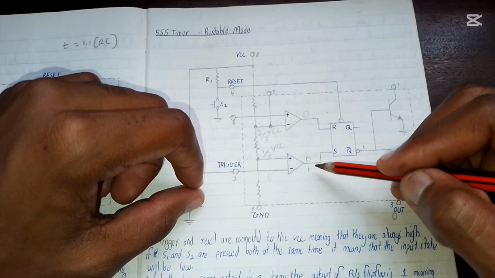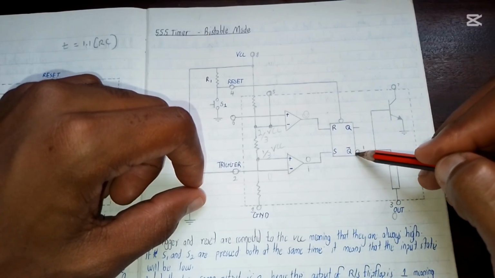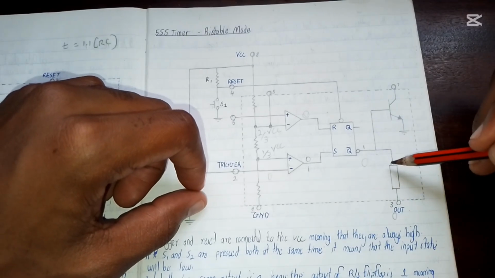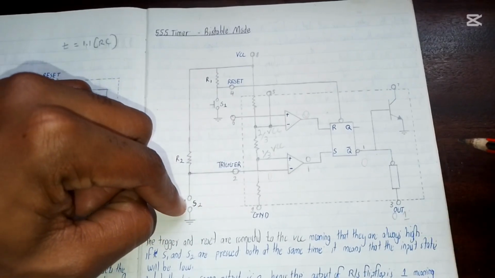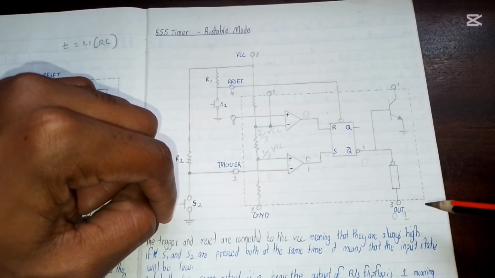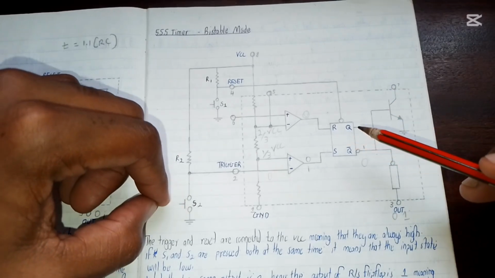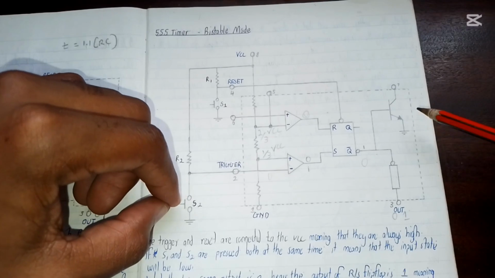That 1 is going to enter the S input of the flip-flop, and the output Q bar will be 0. That 0 is going to come into this inverter and be inverted to become 1. So once I press this switch, the output turns on. Once I release it, nothing is going to happen. Even if I push it one more time, nothing is going to happen.